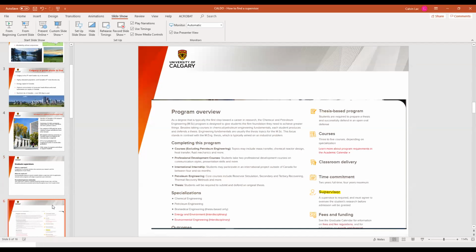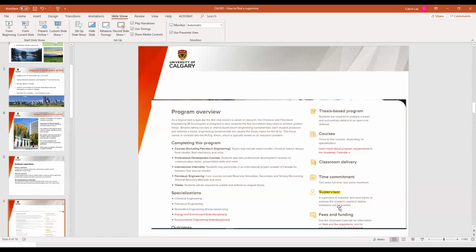This is taken from Chemical and Petroleum Engineering. You'll see a program overview, which tells you a little bit about what the program is, what is needed to complete the program, specializations that you can pursue, how many courses you need to complete your program, and most importantly, I've highlighted, the supervisor.